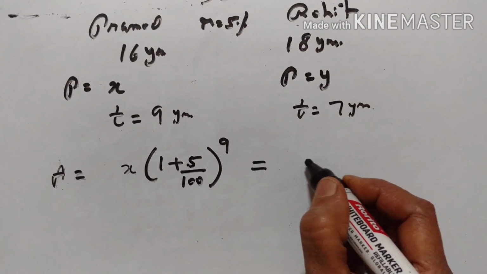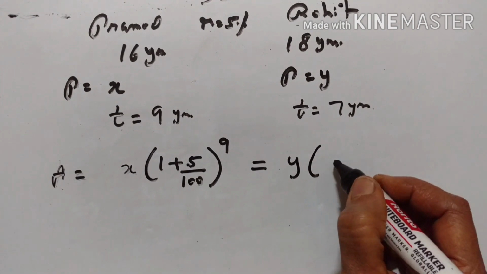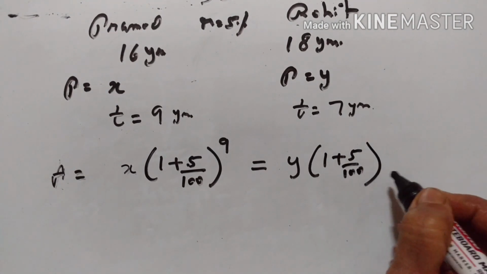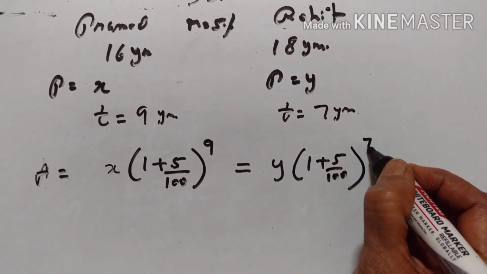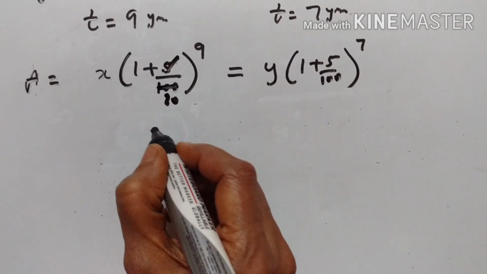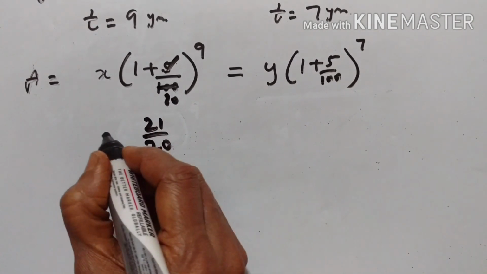This is equal to y into 1 plus 5 upon 100 raised to the power of how many years? 7 years. 5 ones are 5, 20s are. So this is 21 upon 20.